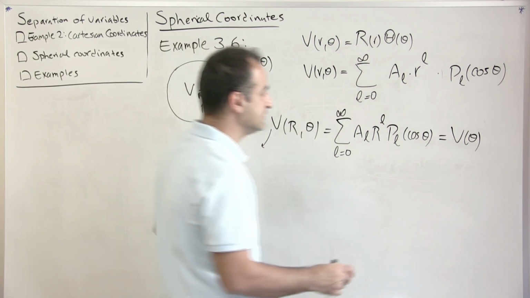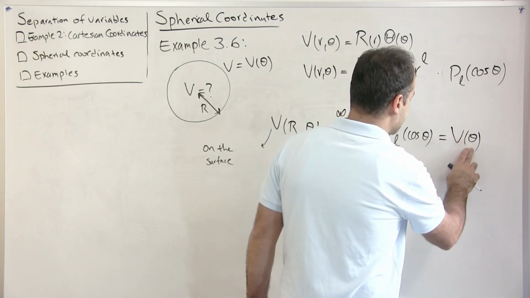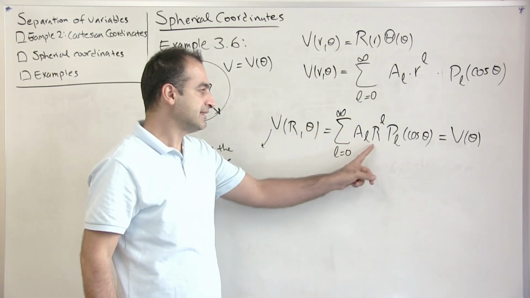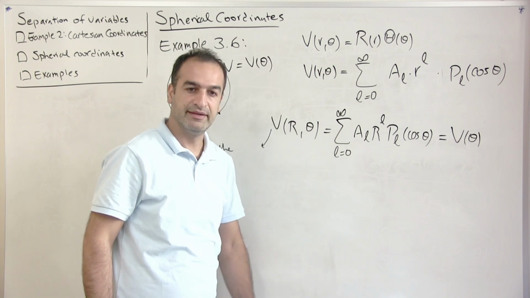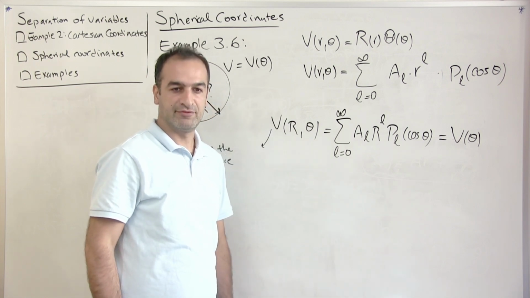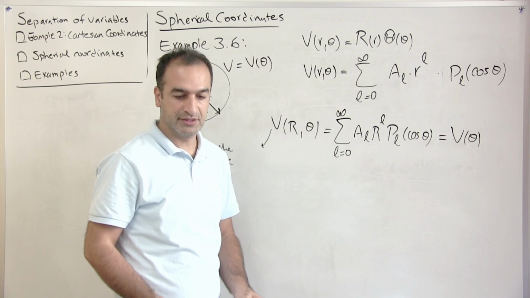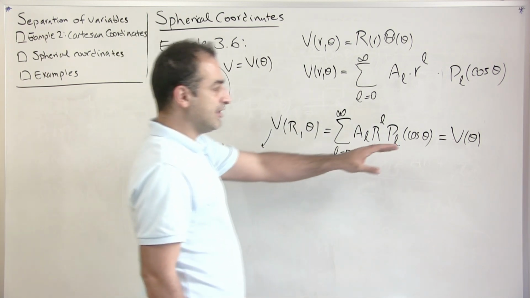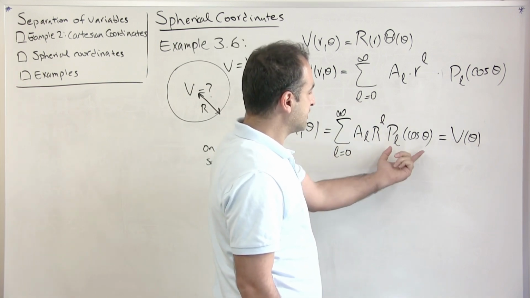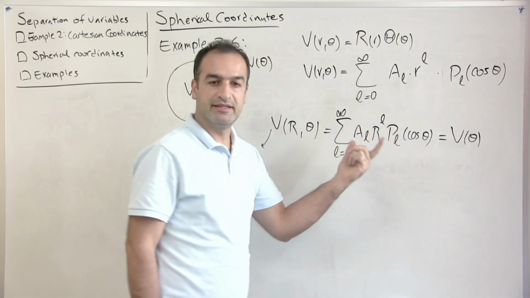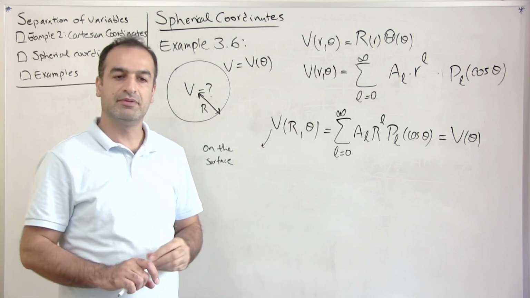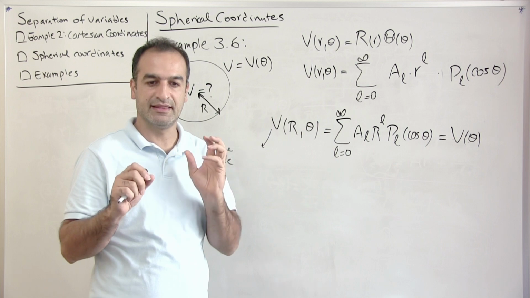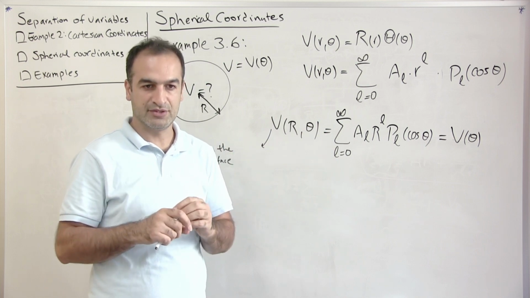Okay, so now how is it possible? If you look at this, this R being constant, this almost has the shape of the Fourier transformation we had. Okay, so we had Fourier transform in terms of sine and cosine. This is not technically the Fourier transform, this is in terms of the Legendre polynomials, but the nice thing is that the Legendre polynomials have the same characteristic of sine and cosine in the sense that they are orthogonal to each other.